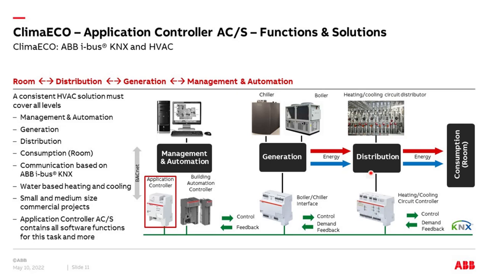We have to control also something, the temperature, for example, the pump, and also the generation part. In principle, the chiller or the heater, the boiler, have to be assessed as well to create a consistent solution. So all these things we can do with our ClimaECO range, and the application controller is responsible to integrate everything, to do some superior task, and to implement the full solution.